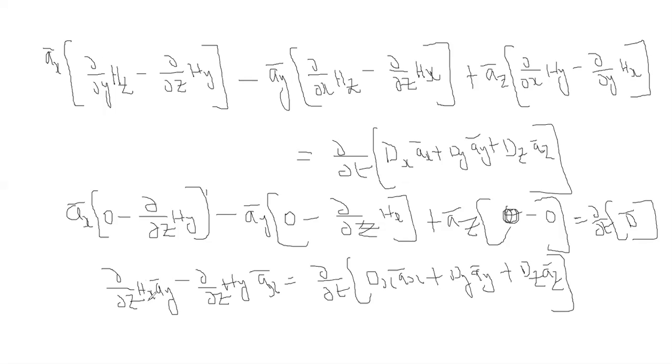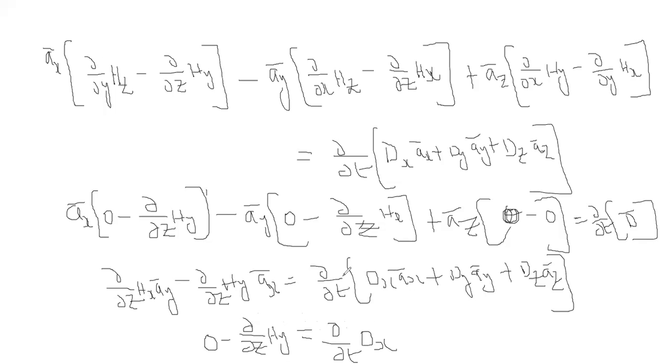So Hx, what is the Hx here? The first term, whatever we have in the left hand side, that becomes total 0. 0 minus ∂/∂z of Hy, and this is in the a_x bar direction, is equal to, now the a_y bar direction is not there, and a_z bar is also not there, you can equate the term in the right hand side, ∂/∂t of Dx.